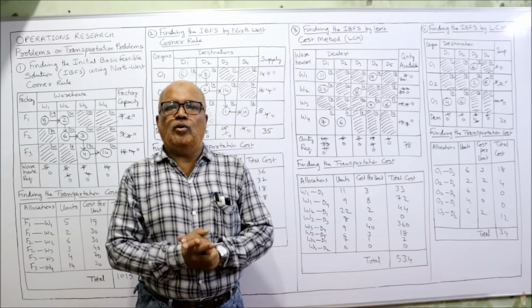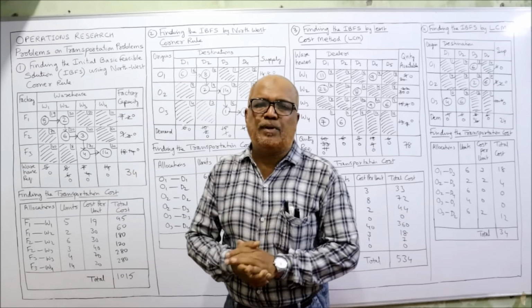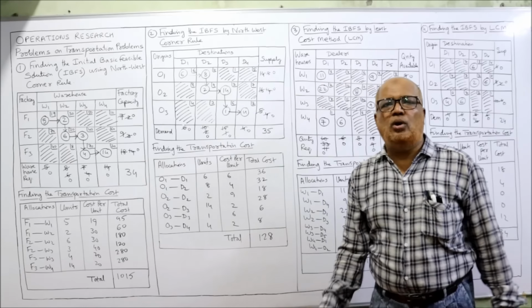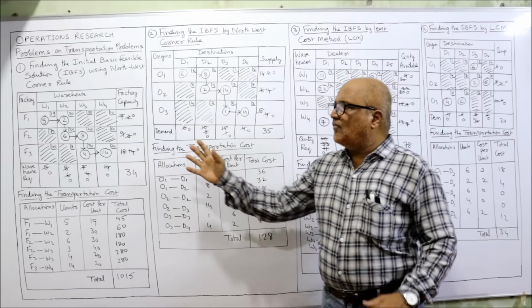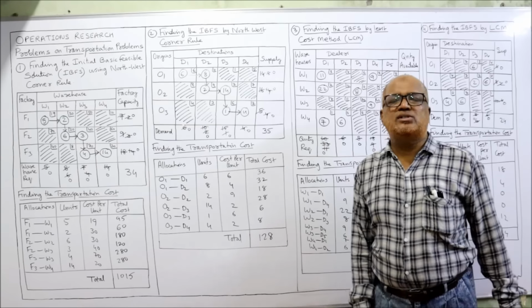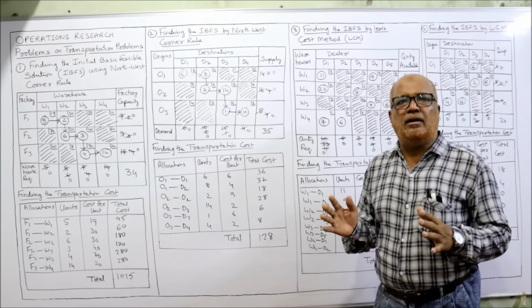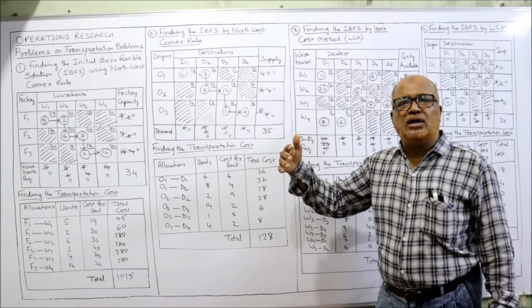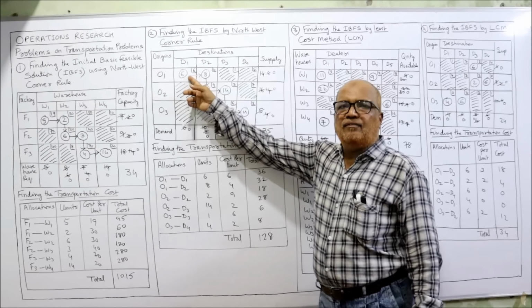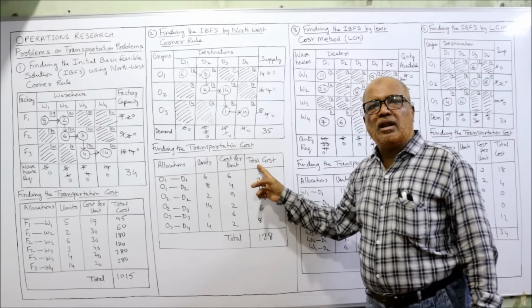So in this video, 4 problems I have explained. First 2 problems on northwest corner rule. This method of finding out the IBFS by northwest corner rule is very simple. Without considering the cost, we go on making allocations from the upper left corner to the bottom right corner.